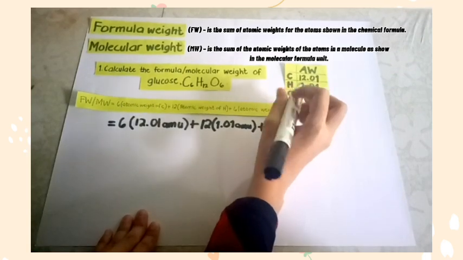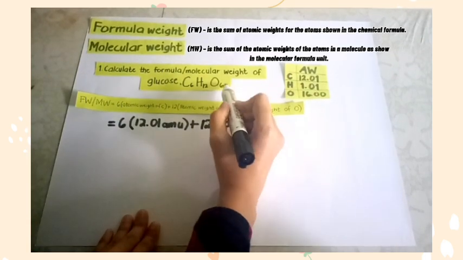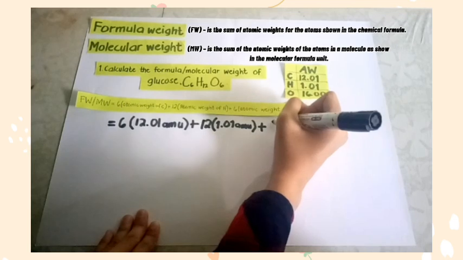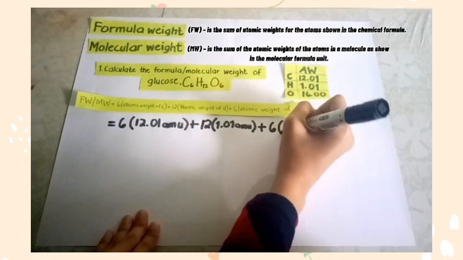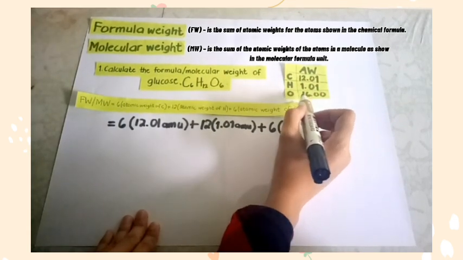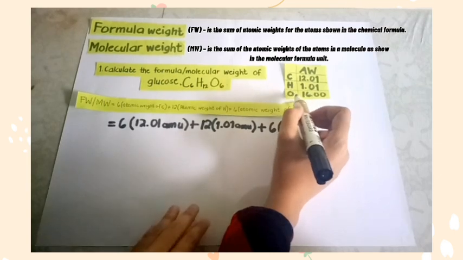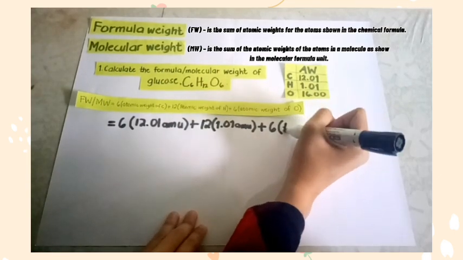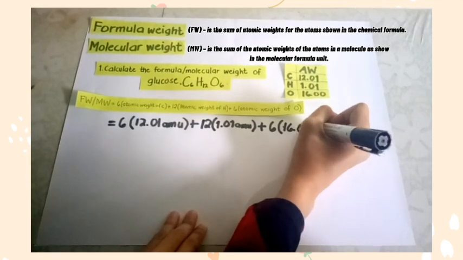Then plus the number of atoms of oxygen, which is 6, times its atomic weight, which is 16.00 atomic mass units.